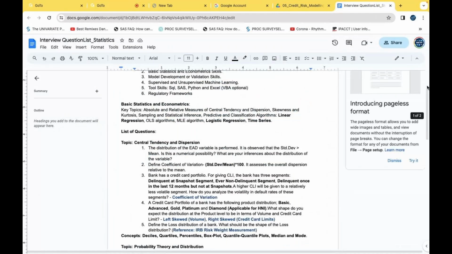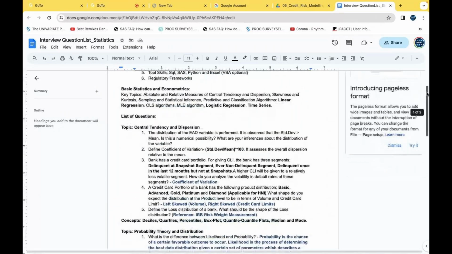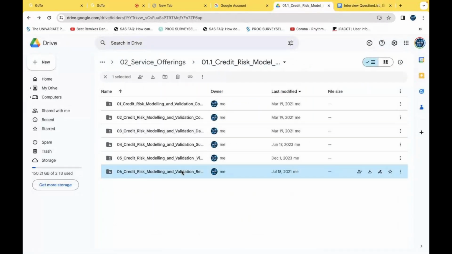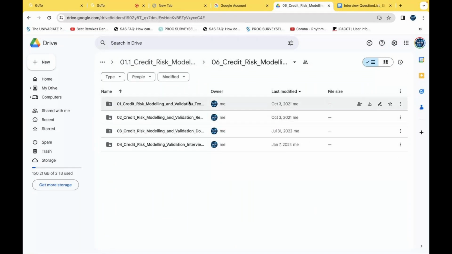We had discussed central tendency, dispersion, and probability theory and distribution. In this particular drive, we have this section of readings and references, right?